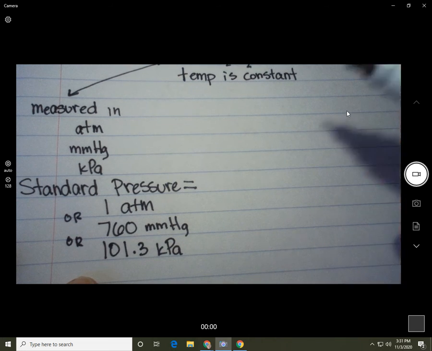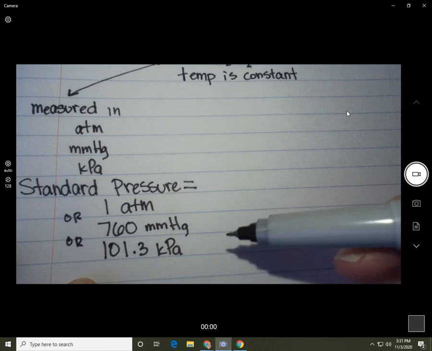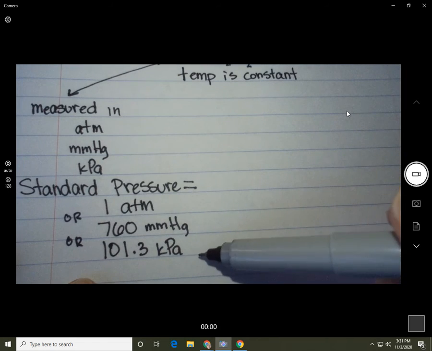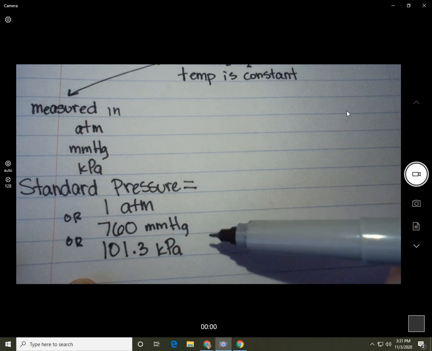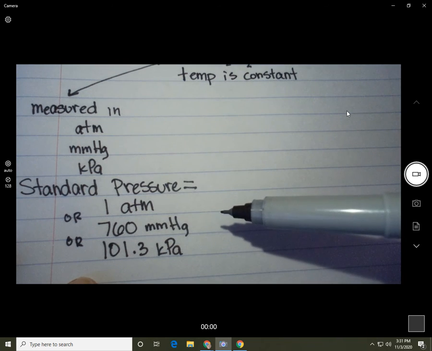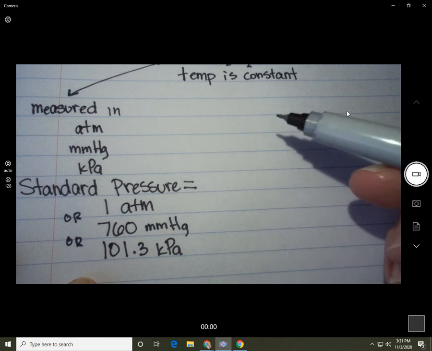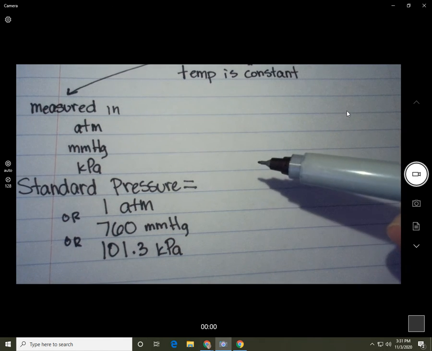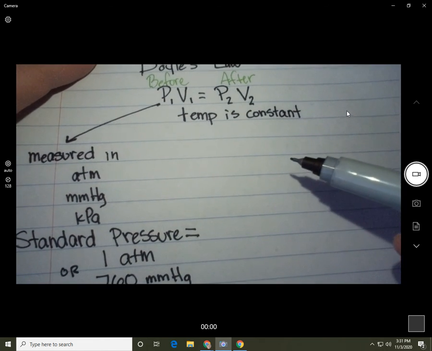So anytime you're doing a problem and it asks about standard pressure, these are the numbers or the units that you could use. If your problem already has millimeters of mercury, you're going to pick 760. If your problem is already using atmospheres, you're going to pick 1. Okay, so that's pressure.